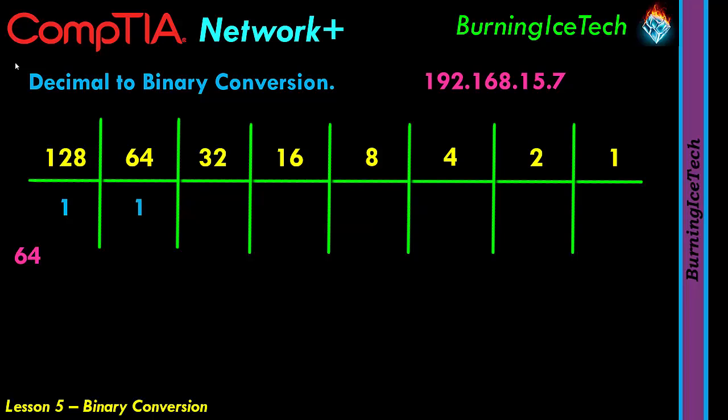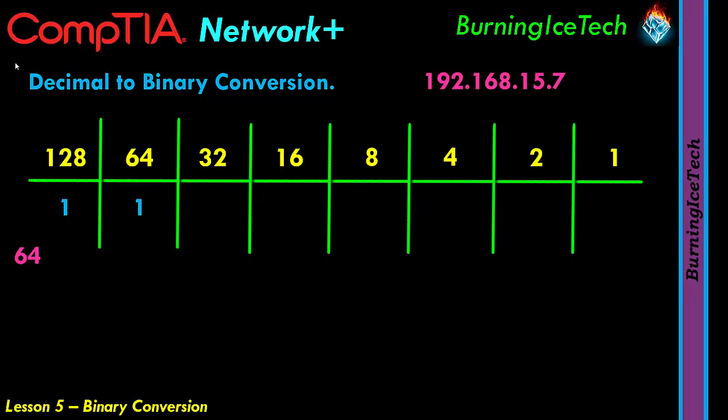Then you take the number in the table and you subtract it from the number at the bottom. But if we were to have gotten a 0, let's say for a moment the number in the table was bigger, then you would have made a 0 and nothing changes. That number at the bottom left, which is currently 64, would not have changed, and you just move on to the next number on the table.